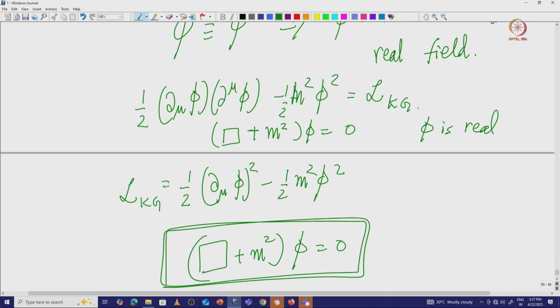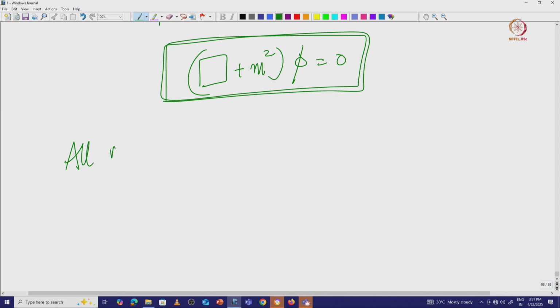So, neutral, spinless particles can also be represented by the Klein-Gordon equation. It is a very important equation. So, all relativistic spinless particles, that means scalar, charged or neutral, are represented by the Klein-Gordon equation.